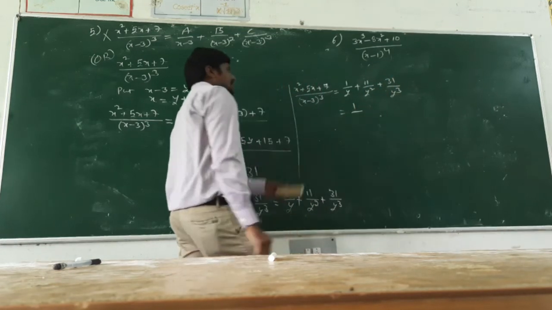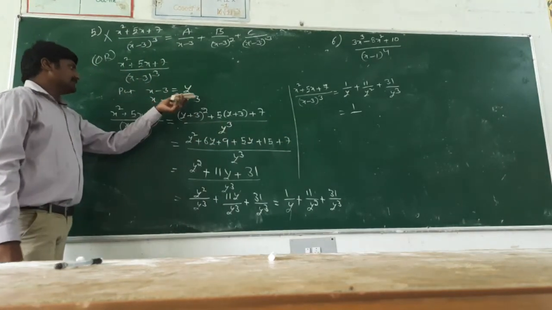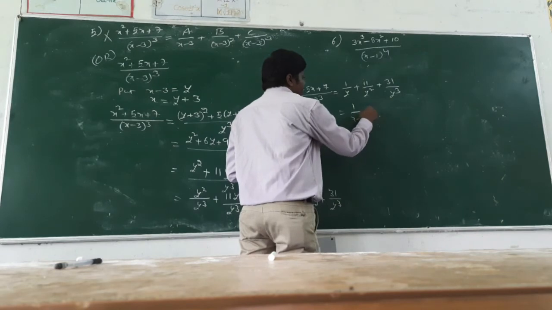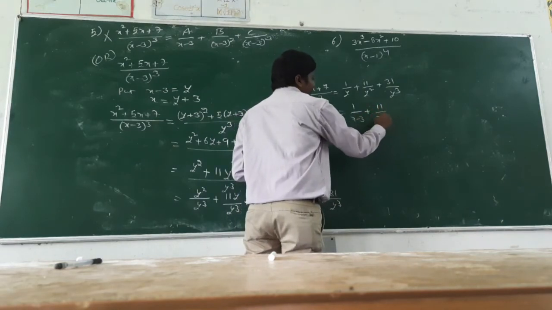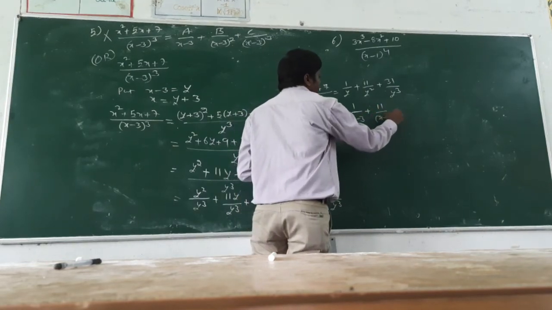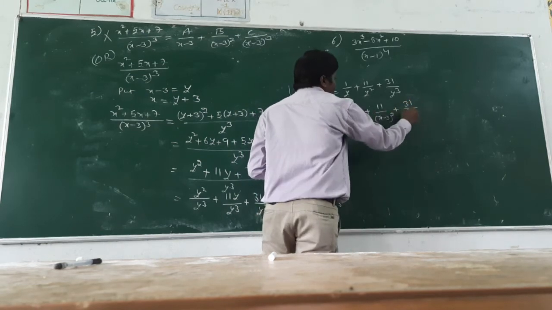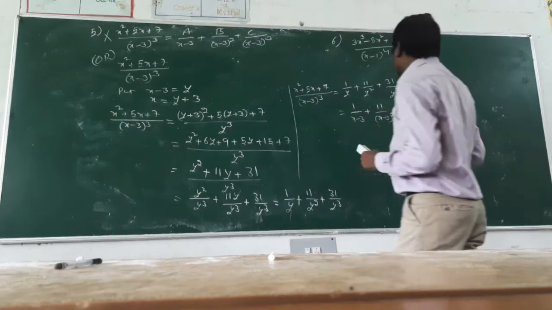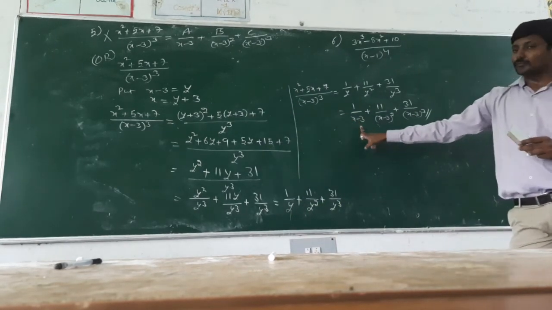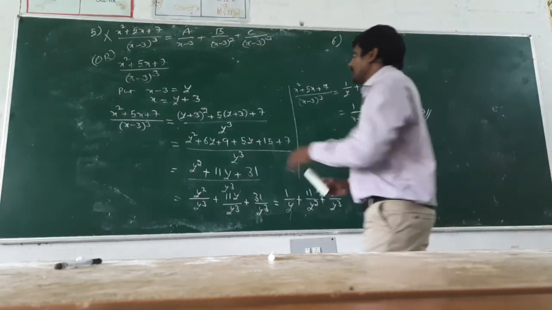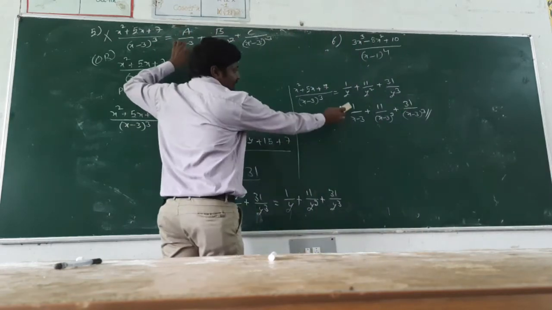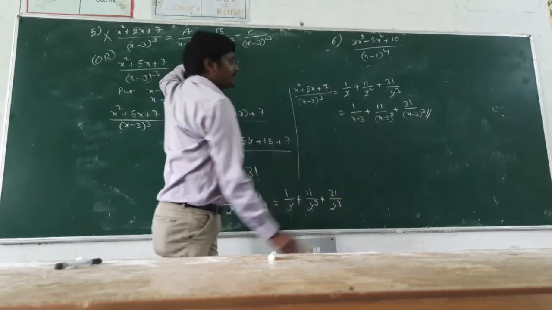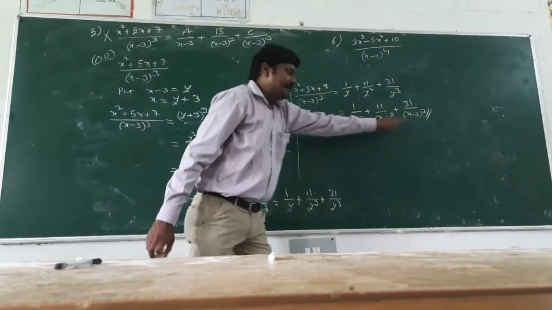In place of y we replace x minus 3: 1 by x minus 3 plus 11 by x minus 3 whole square plus 31 by x minus 3 whole cube. This is the final fraction answer. The number of fractions is 1, 2, 3. Observe a by x minus 3, b by x minus 3 whole square, and c by x minus 3 whole cube.